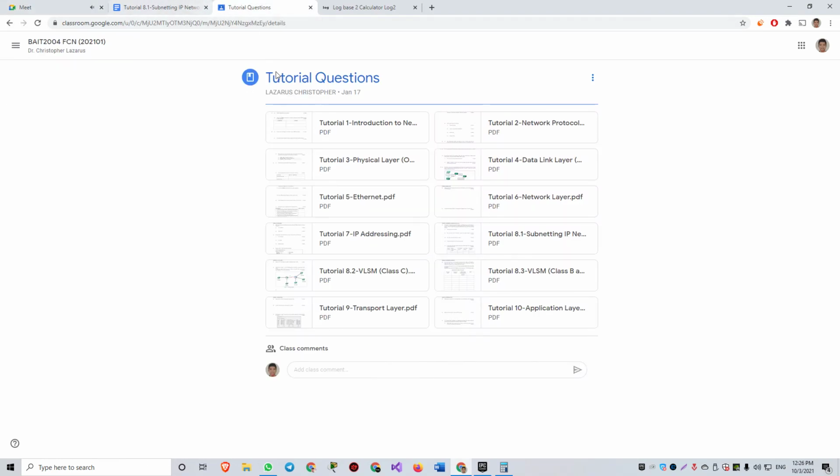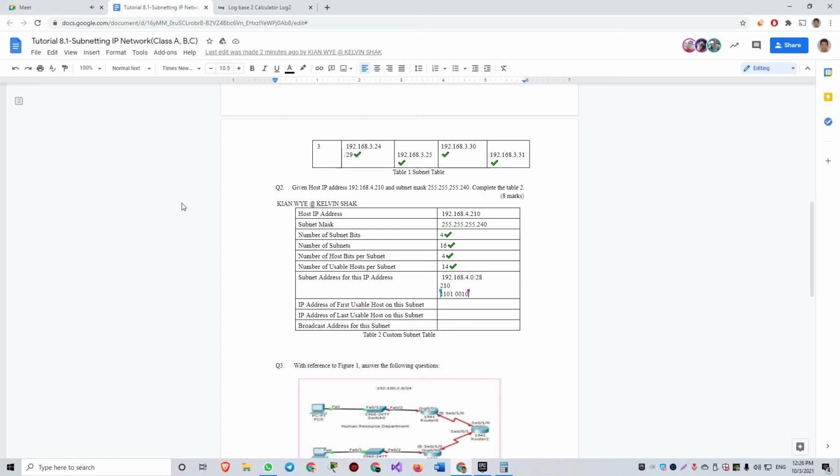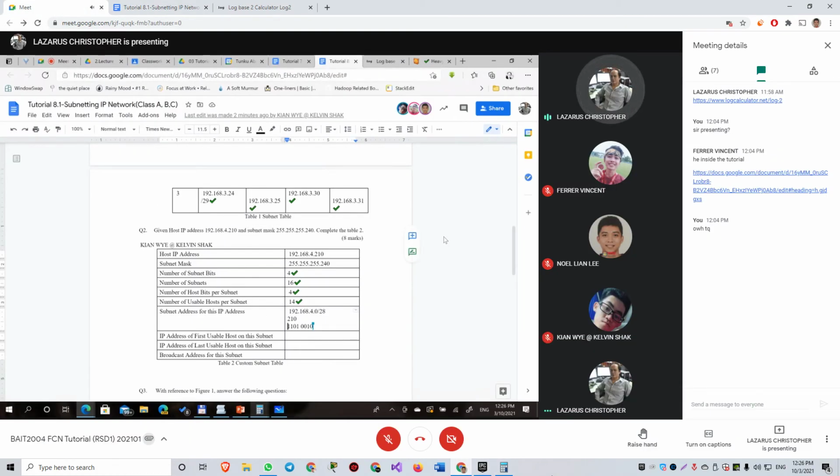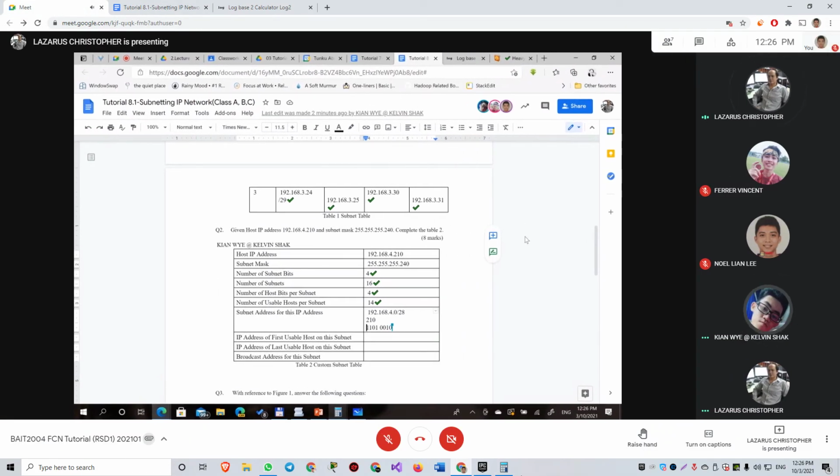Okay, keep going. 208 only. 208. So that is the subnet address for that IP address. Can you see that?